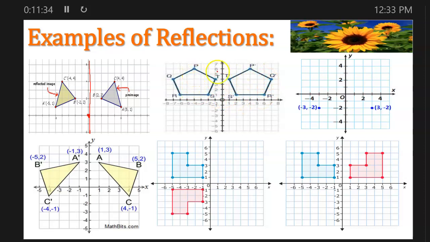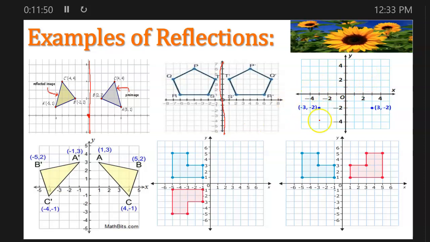It would have just been like a slide to the right. But because those letters are in opposite locations now, we know that it changed orientation. So it has to be a reflection. It had to have reflected or flipped over that middle line there, that y-axis.